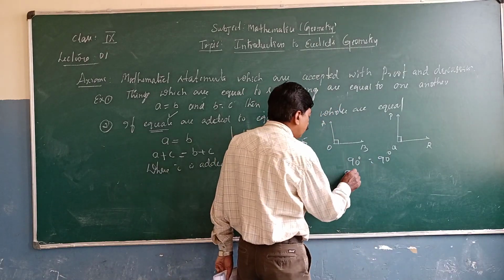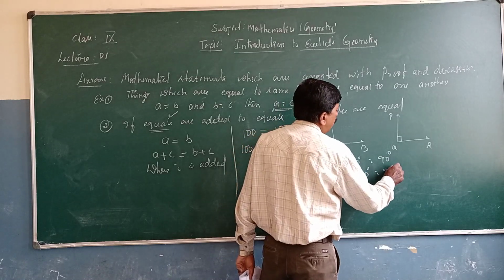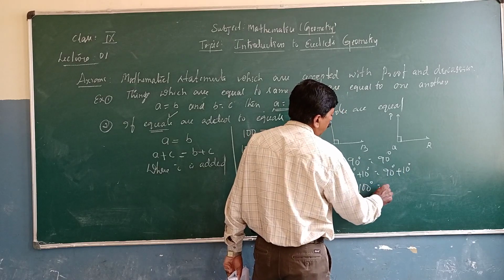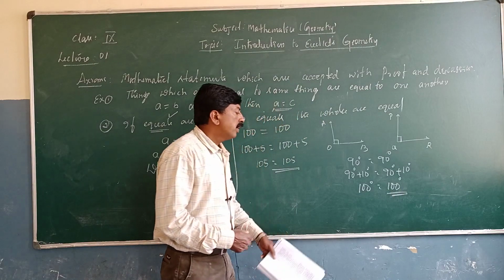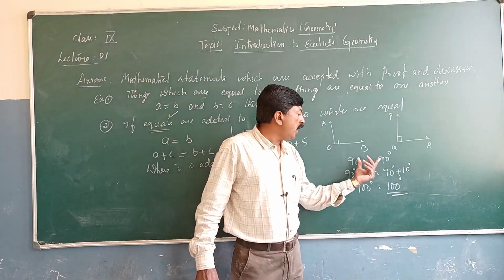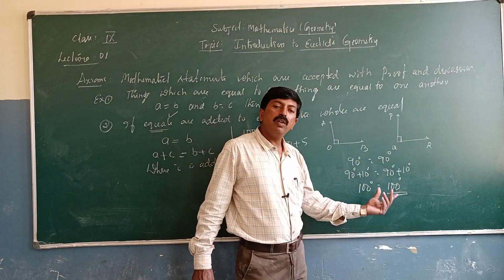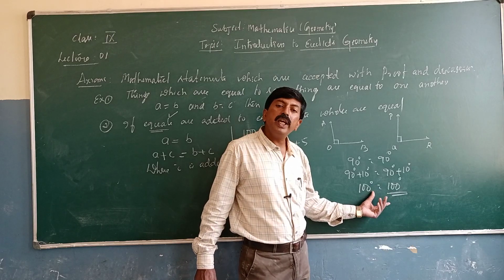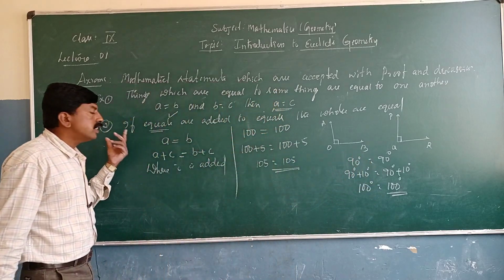Add 10 degree. 90 degree plus 10 degree. Here also you can add 10 degree. 90 degree plus 10 degree. You will get 100 degree is equal to 100 degree. It means 10 degree we have added to equals. The whole is also equal. Whatever the result we get, that is also equal. That is the meaning of this statement.